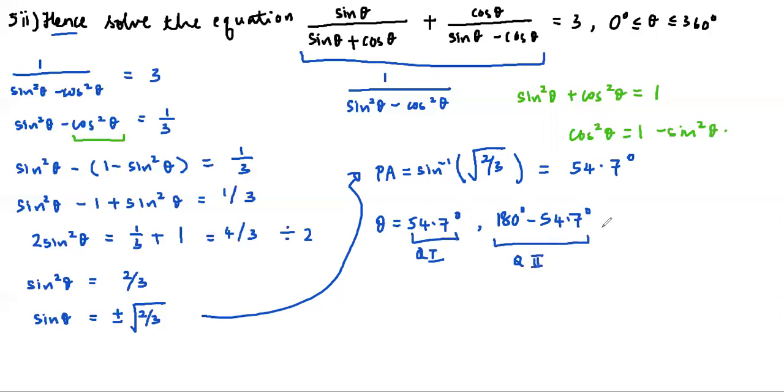That is quadrant 1. For quadrant 3, you have 180 degrees plus 54.7. That is quadrant 3. And quadrant 4, you have 360 degrees minus 54.7 degrees. That gives you a quadrant 4 angle.